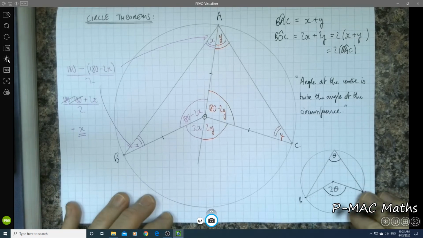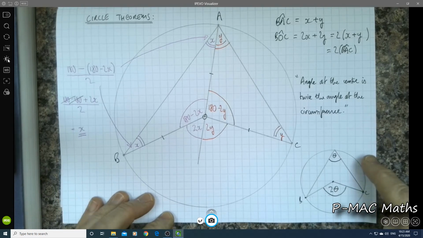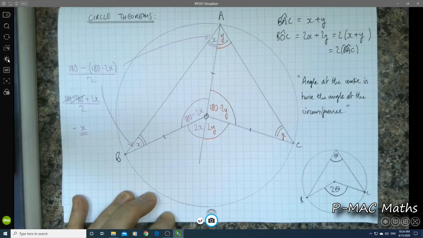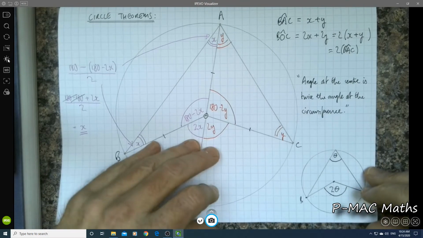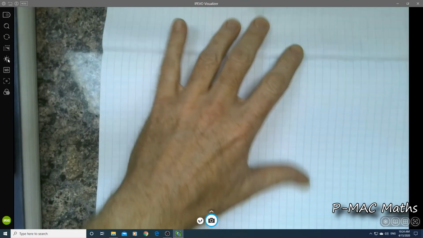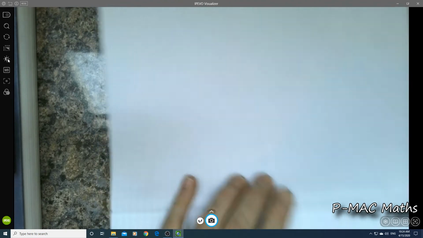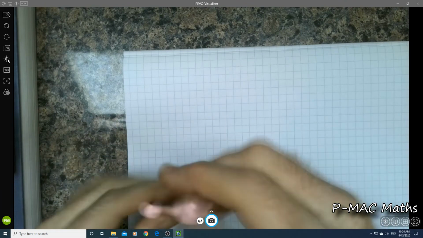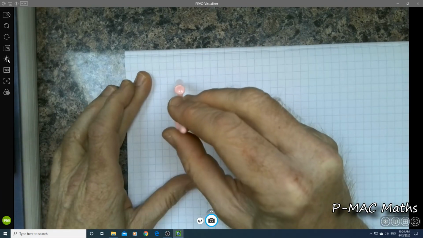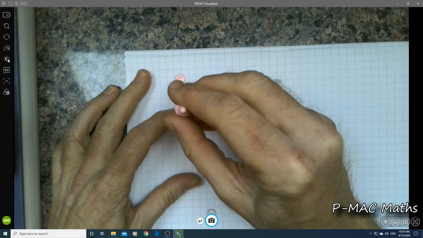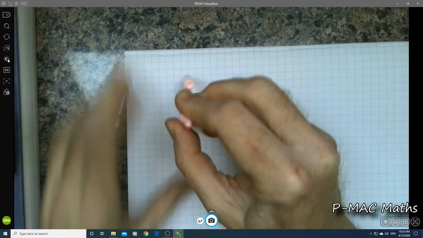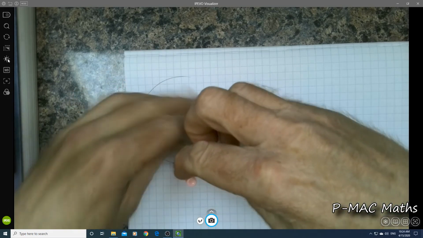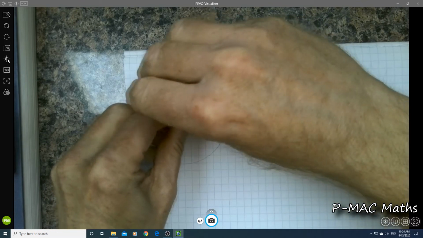So the next thing to do then is to think about how this particular proof can be modified to give us some other general results. So let's draw another circle, just a medium circle this time.